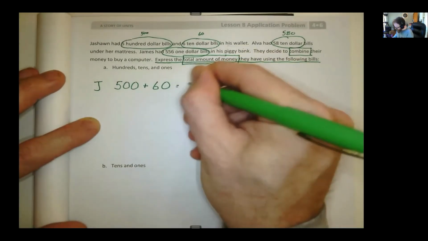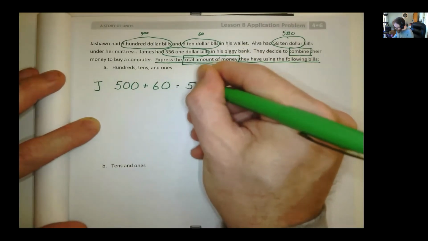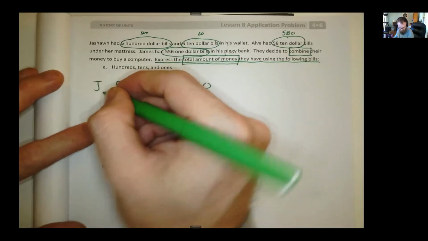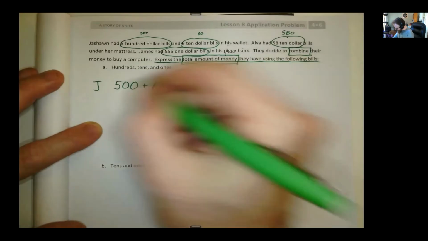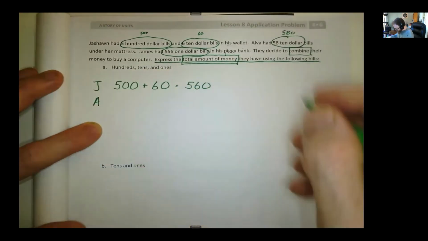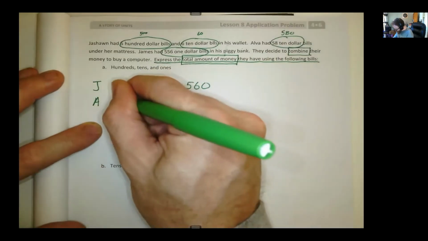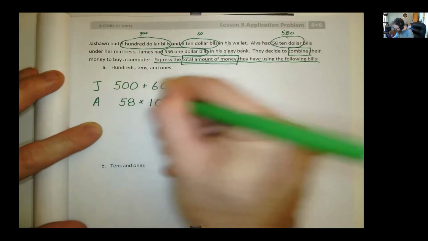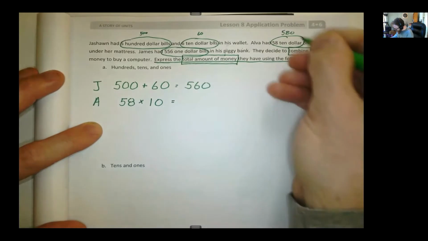That gives us 560. Alva has 58 $10 bills. So we can express that as 58 times 10. That's $580.